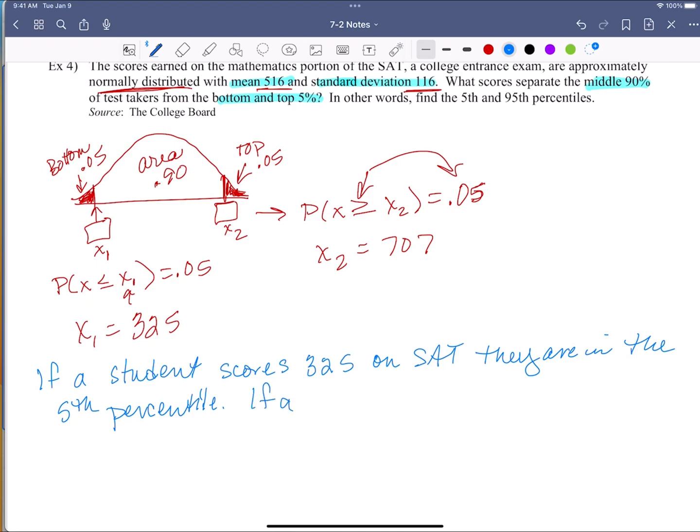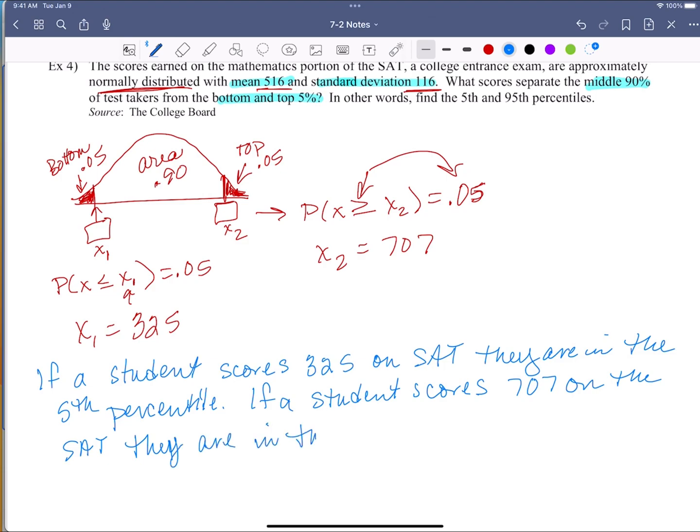If a student scores 707 on the SAT, they are in the 95th percentile.